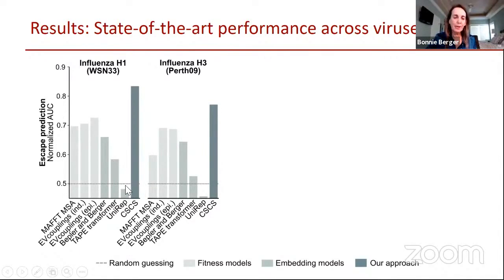The medium gray models, one of which is ours and appeared in ICLR 2020, show that those with high semantic change are associated somewhat with escape prediction. But if you look at our CSCS model, here shown in dark gray, we see that it is highly predictive of escape potential for these two influenza surface proteins.